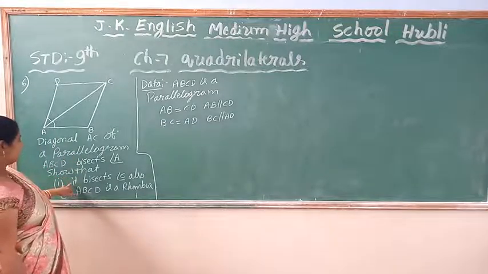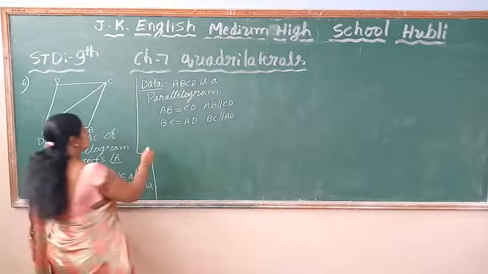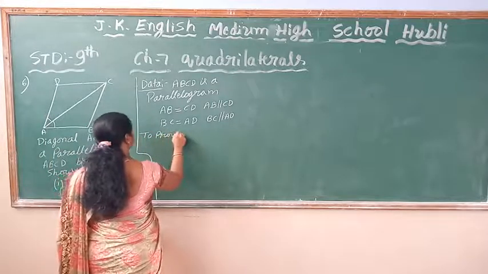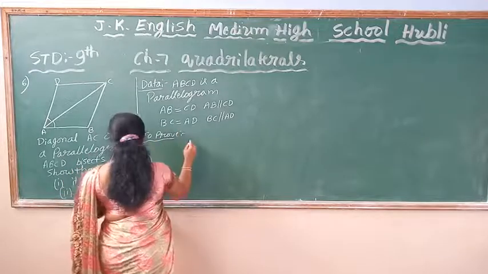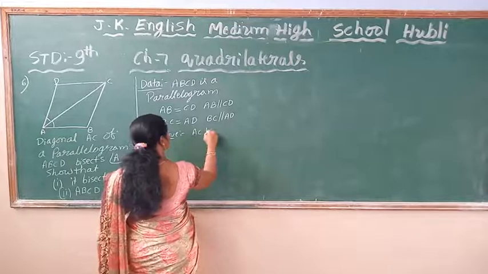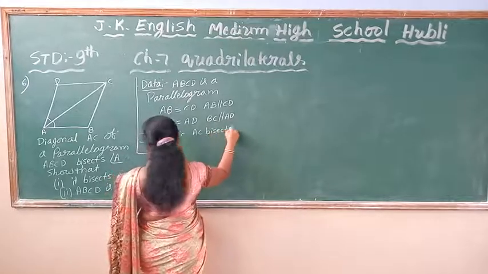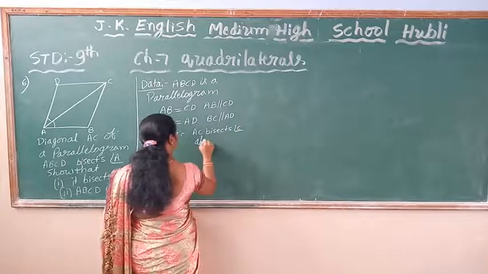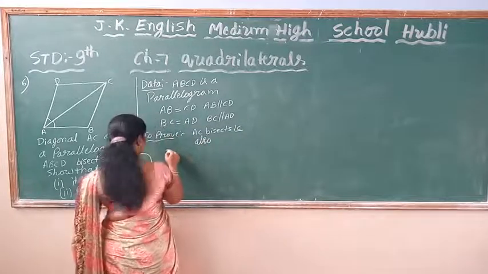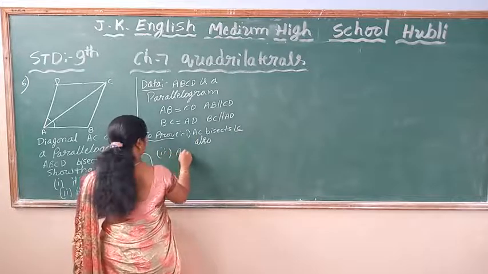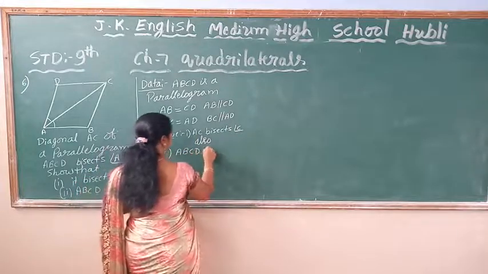Show that it bisects. To prove what do I have to prove now? To prove this one, AC bisects angle C also. And this is the first one. Second one, ABCD is a rhombus.